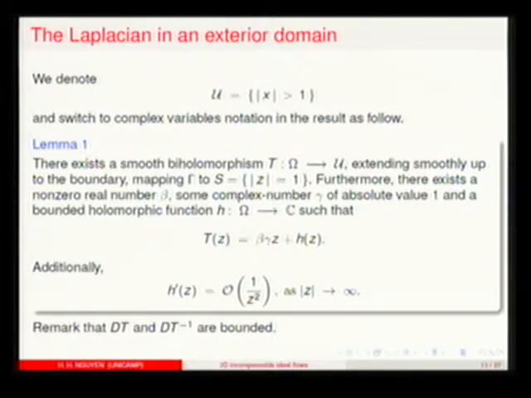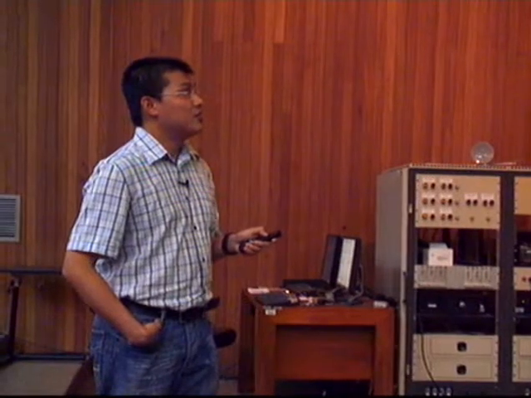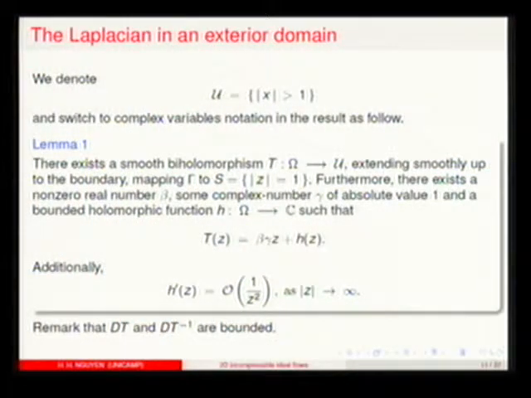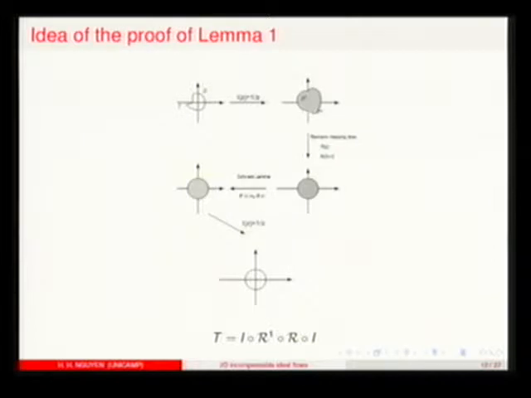Here, dT is the Jacobian matrix, the derivative of T, and from this formula we can show bounds on dT and dT minus 1. Here, beta is a non-zero real number, and gamma is a complex number of absolute value 1. I don't give the proof here.